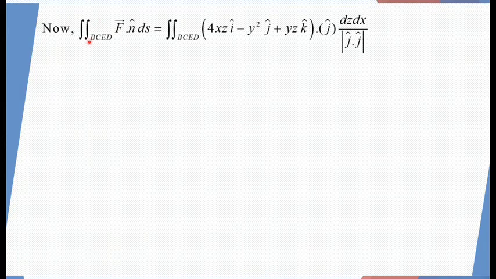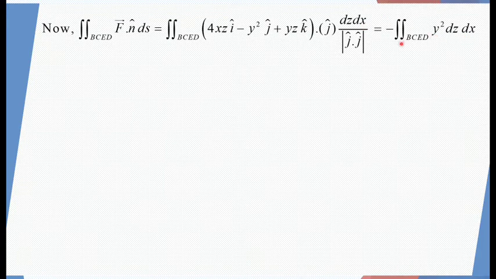Same as the double integral over BCED of vector f dot n cap dS. Now BCED is on the right hand side and it is in the xz plane. So n cap will be j cap. So it will be minus y square dz dx. And in this particular case, y is 1.